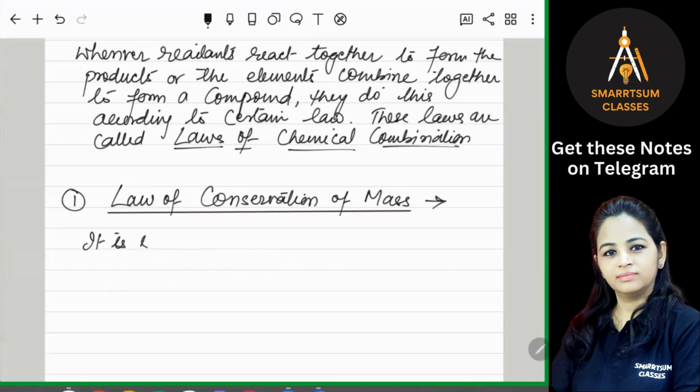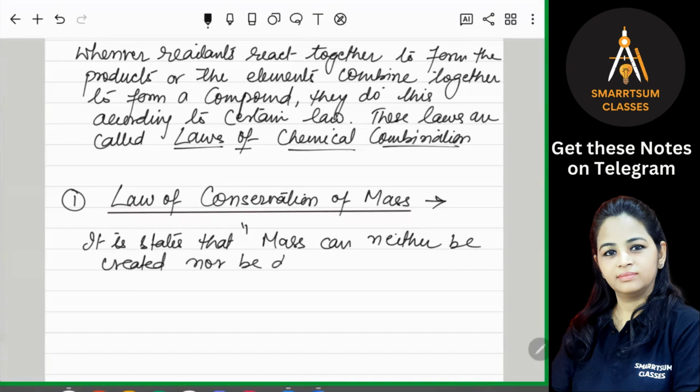It states that mass can neither be created nor be destroyed during a chemical reaction.